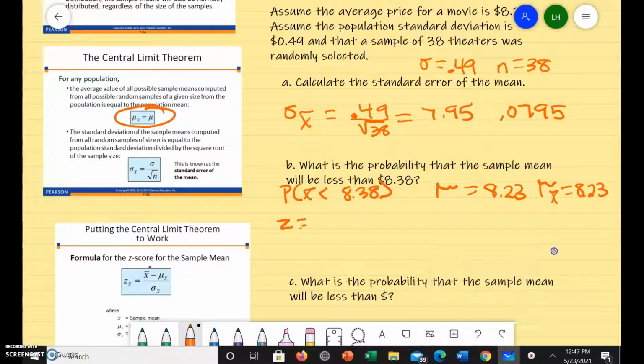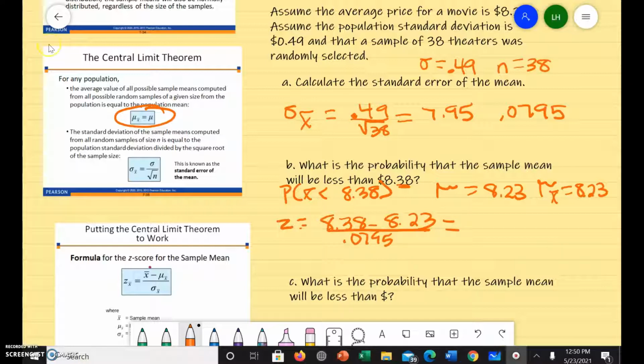So Z is equal, we're looking at 8.38 minus 8.23 divided by our standard error of the mean, which is 0.0795. We're going to get our z-score and round it to 2 decimal places.